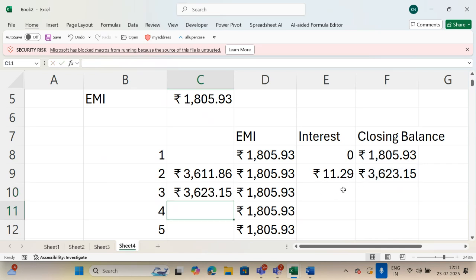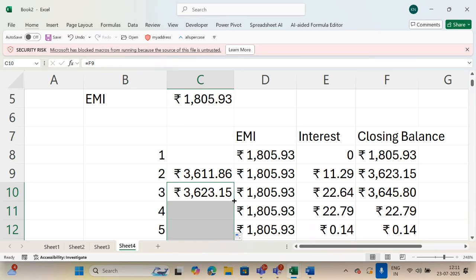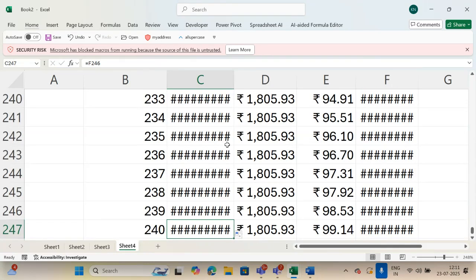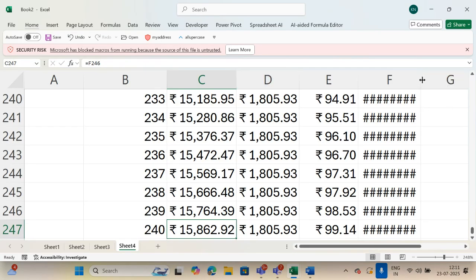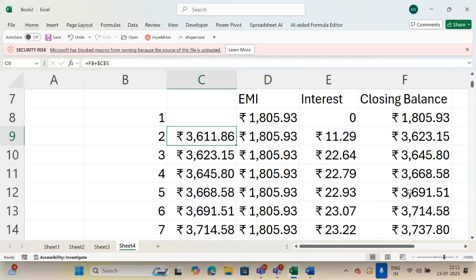And then this time your interest will be on, I'm sure I'm doing the right calculation. It is this one. This should be dragged up.